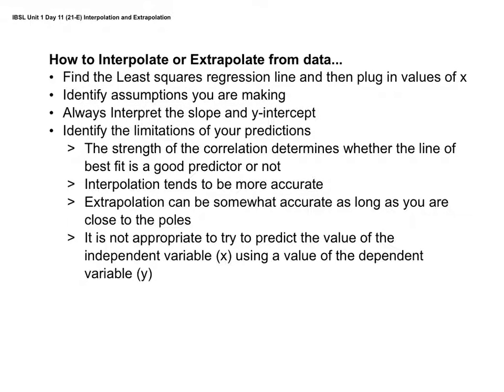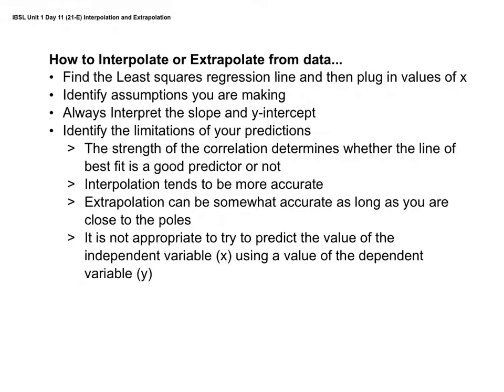It's possible to get numbers that are at least somewhat reliable, but it's really not appropriate if you're doing some kind of statistical analysis. And they actually ask some questions about this on the IB exams. They'll ask you to comment on the appropriateness of finding this value. And you have to understand how to determine that, okay?